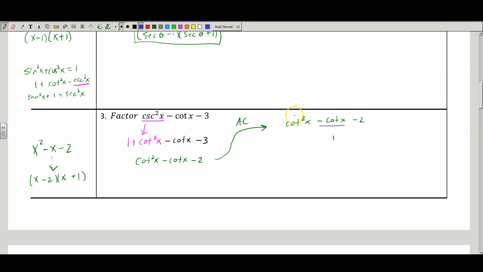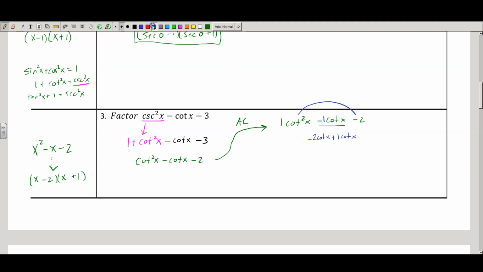And our AC is going to be this times this, that's going to be negative 2. Just thinking about our A and our C value, it is negative 2. So we have to think about what multiplies up to negative 2 but adds up to negative 1, which is our B term. And so that's going to be negative 2 times 1, right? So we could split that term into negative 2 cotangent x plus 1 cotangent x.